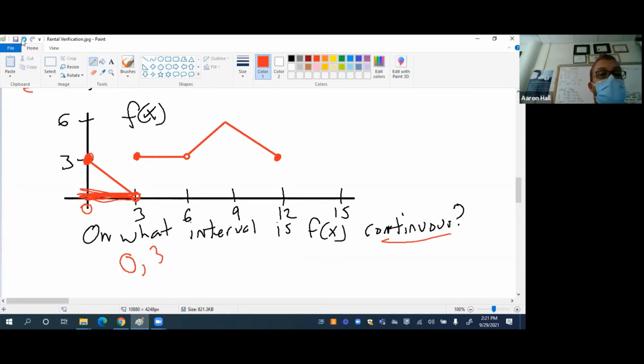Catherine, what about my endpoints here for 0 to 3? Is 0 included? Yeah, it looks like it's included. It's a closed circle there. So I'm going to say it's included with a bracket. And what about 3? Is 3 included? No, we have an open circle there, indicating that it's not included. So I'll use a parentheses instead. Fernanda, what's the next interval?